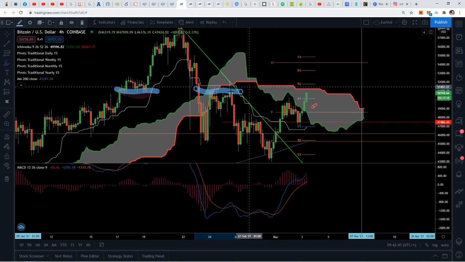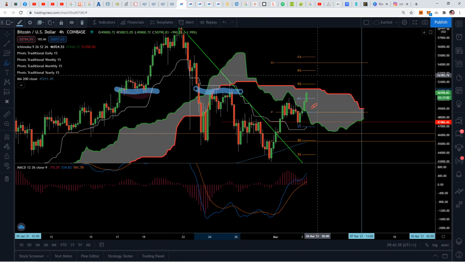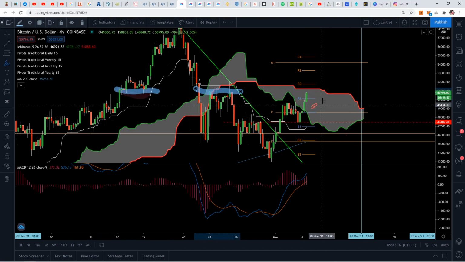So that's why we have it, and it will become resistance once price comes up here. Normally, depending on the momentum, price will hesitate here at the first test, linger a little bit, maybe come down a little, maybe to this level, 49,800 or something, and then make an attempt to break.